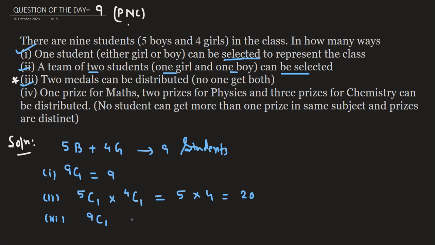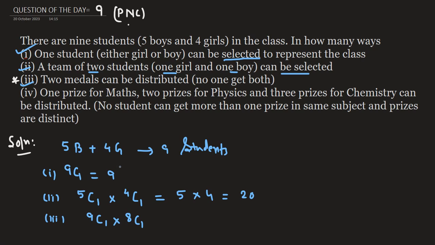Now the boy or girl who has got this medal, I am going to separate from the group. Now I have 8 remaining students. Out of these 8 students I am going to select any one for the second medal. This work can be done consecutively. We have to do the work, and if both works are done, then the question will be complete.